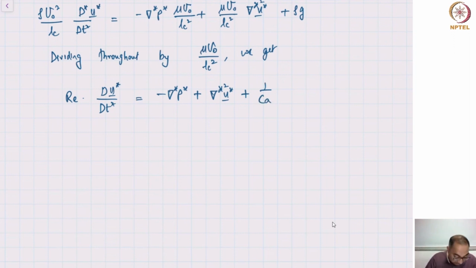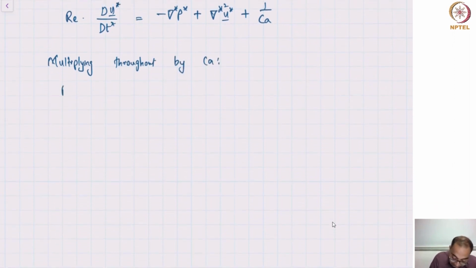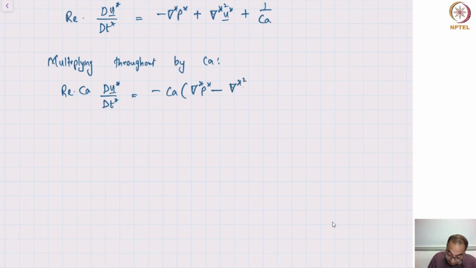Now we can multiply throughout by capillary number. What we now have is Reynolds times capillary, inertial term, the viscous term, and finally we have 1. This is the non-dimensional form of this equation.